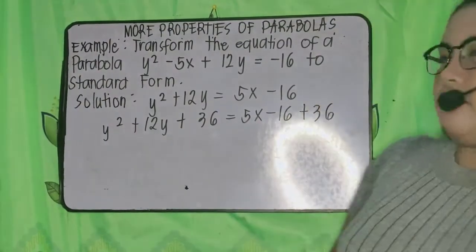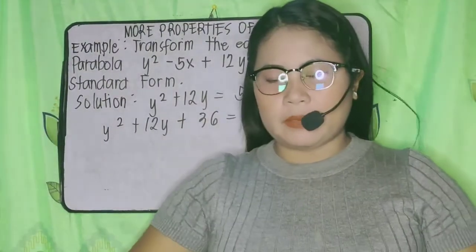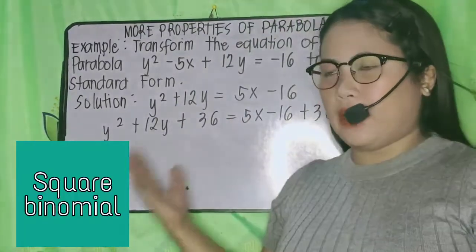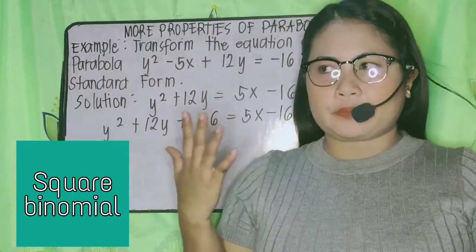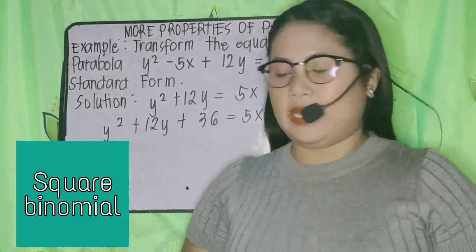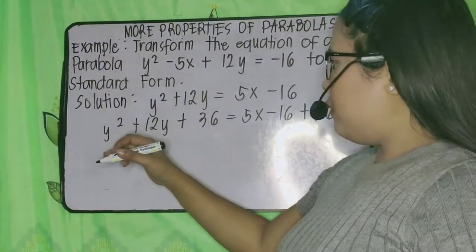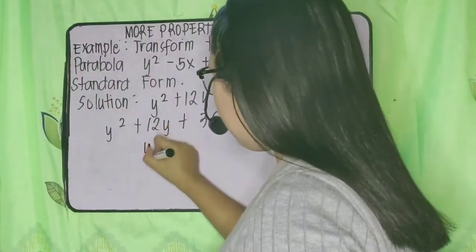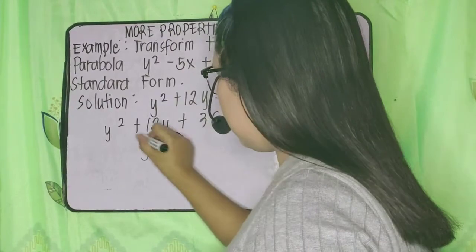Okay, so after completing the square, of course, we're going to square the binomial. So that is our third step, square the binomial. The square of the binomial y squared plus 12y plus 36 will be y plus 6 squared.